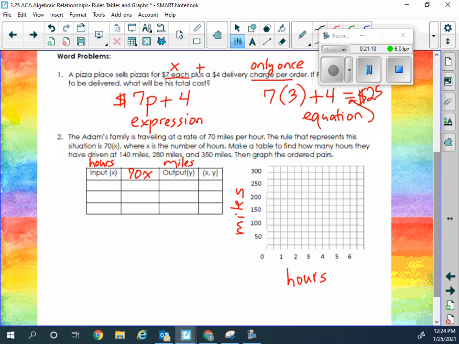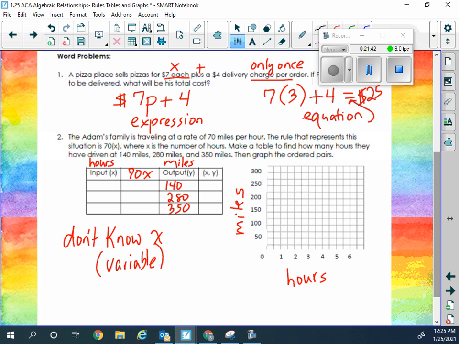Come on, guys. Over here, because those are the miles. So I can put 140, 280, and 350. So I know the output, I know the process. What I'm looking for is the input. I need to know what my variable is, right? Which is your variable.